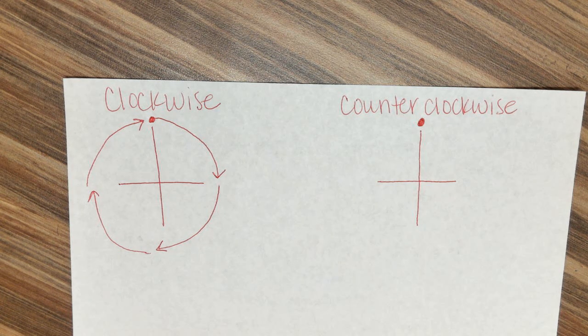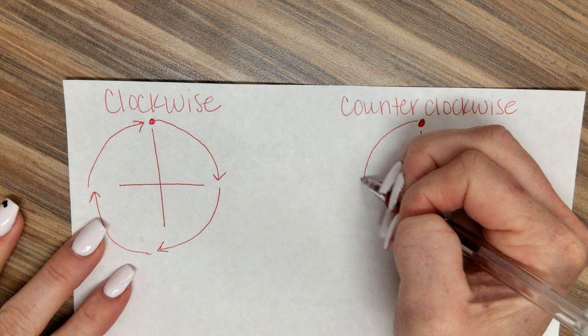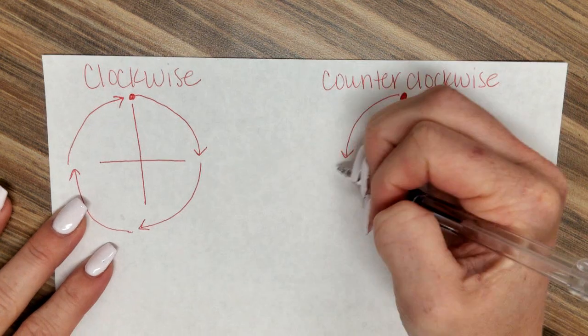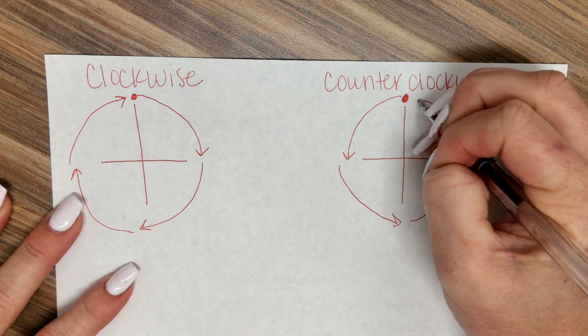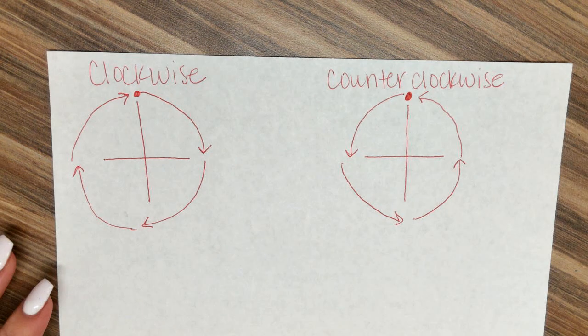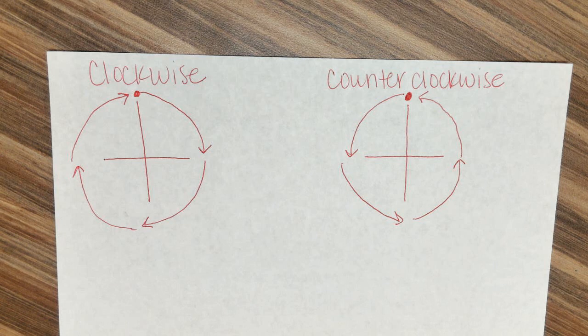And this time we're going to go the opposite direction of a clock. So I would go this way, then here, and then back to where I started. Do y'all have any questions, or do I need to explain better the difference between clockwise and counterclockwise?